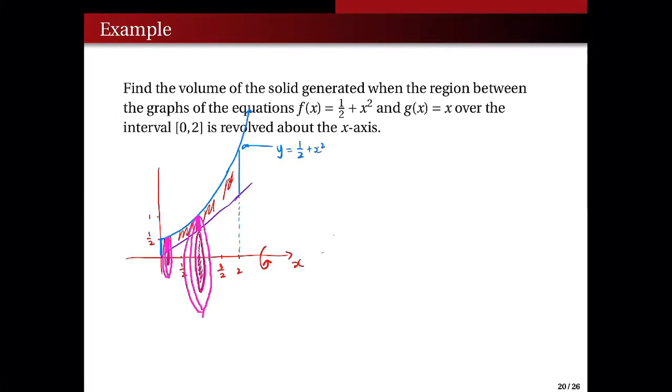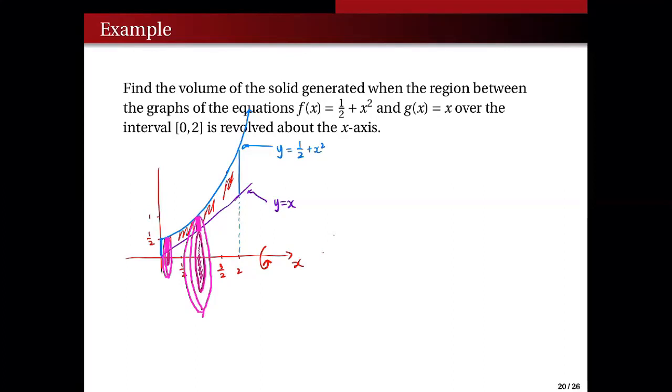On the other hand, this guy here is your y equals x. All throughout, y equals x is lower than your parabola. And this is where your axis of revolution is.